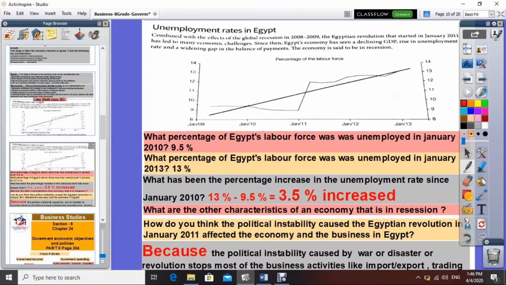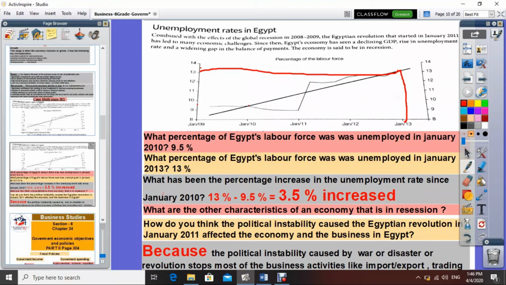The question number 2 was what percentage of Egypt's labor force was unemployed in January 2013? It is met here and here. It is 13%, guys. Okay.